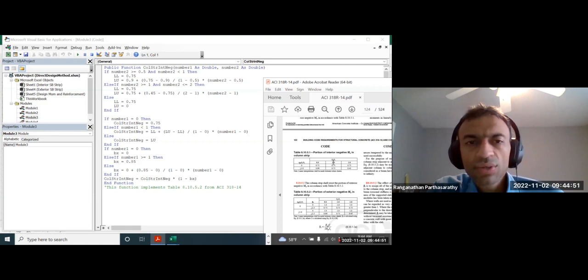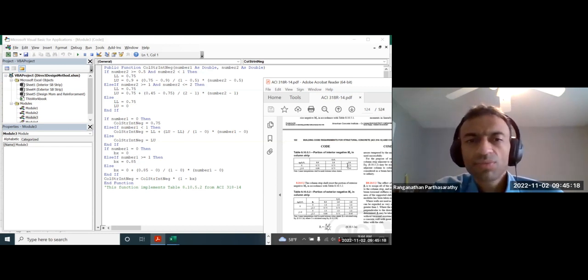Then the lower limit is 0.75. Upper limit will interpolate between 0.9 and 0.75, right? Then if this is between 1 and 2, lower limit will again be 0.75. Upper will interpolate between 0.75 and 0.45.